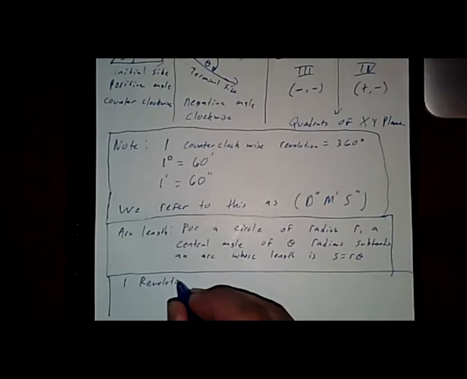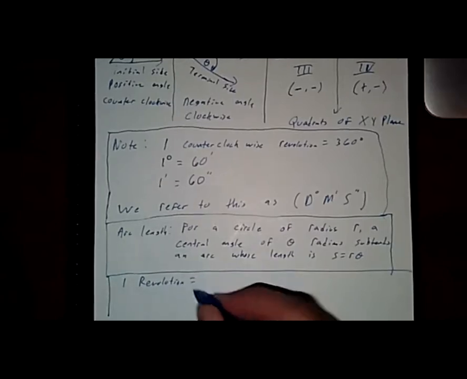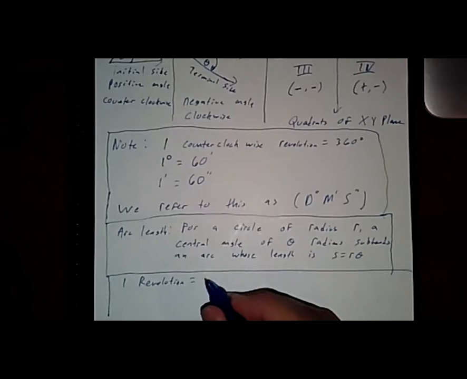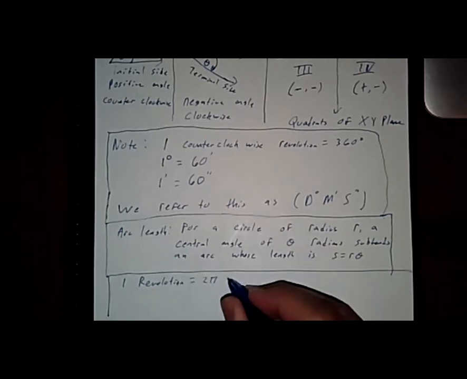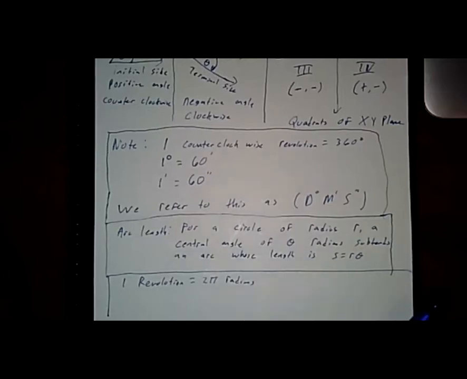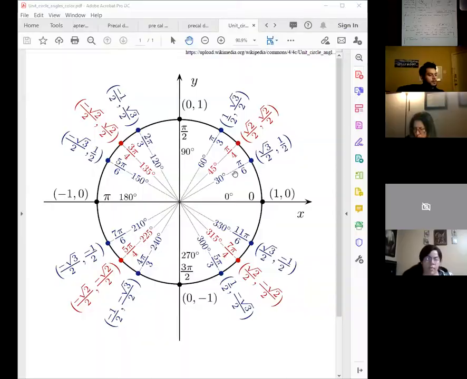Let me give you some more formulas. I like to have all the formulas ready before we start examples, that way I know what we need. One revolution is equal to 2 pi radians. Degrees are kind of a made up unit. The actual unit we use in physics, engineering, or the real world is radians, like pi over 6, pi over 4.